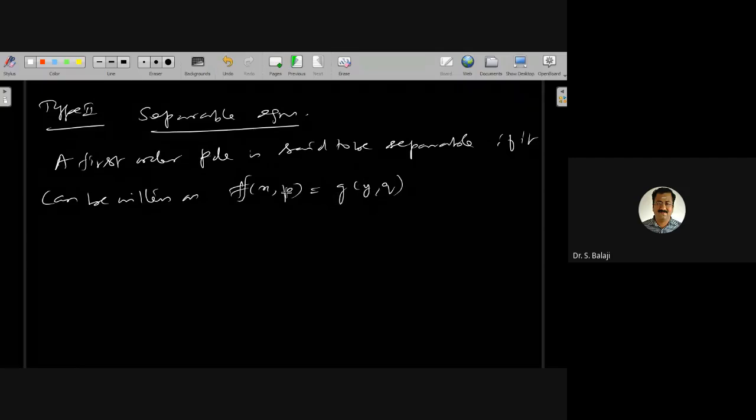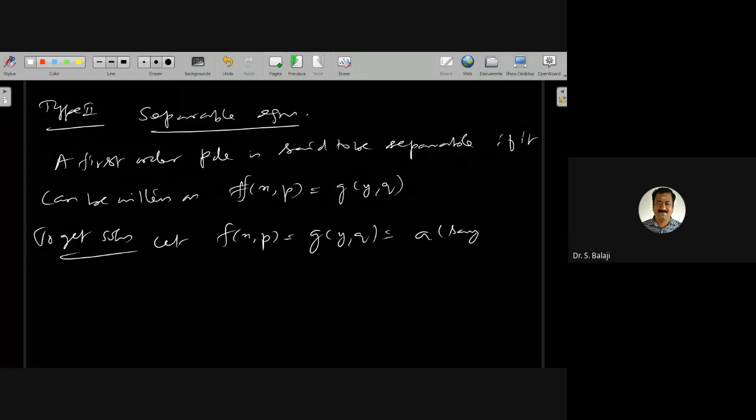If you are able to split x and p on one side, y and q on the other side, then you can say that it is a separable PDE. To get the solution, after splitting, put each side equal to some arbitrary constant a. So f of x comma p equals a, and g of y comma q equals a.